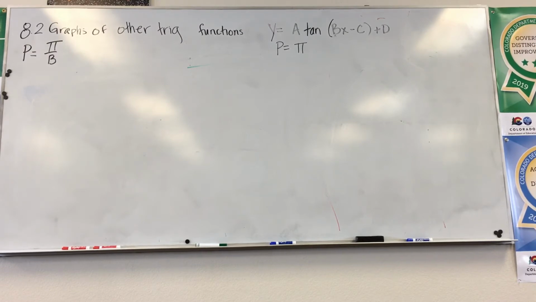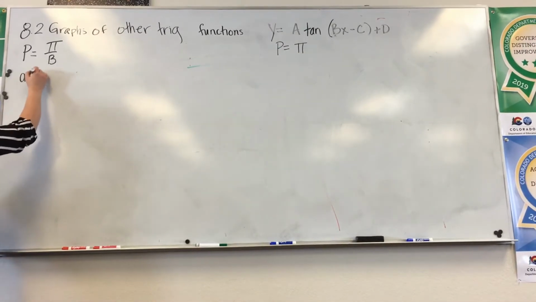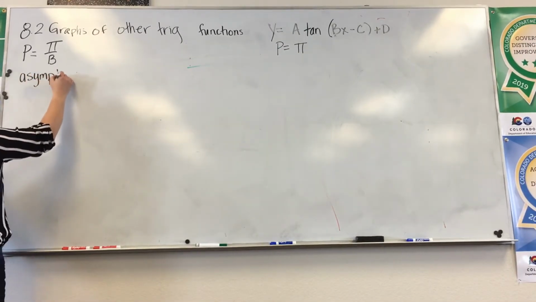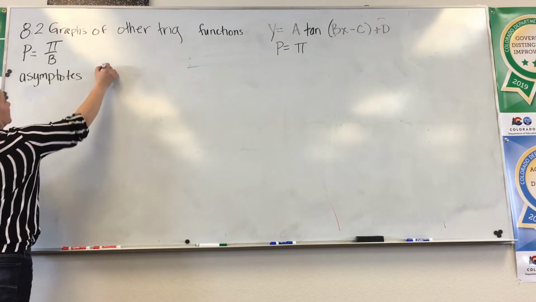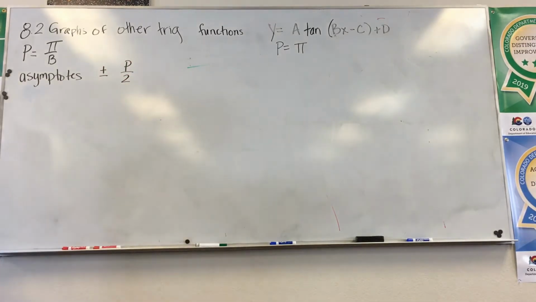In every other version of this, you're going to have asymptotes at plus or minus half of the period, because we're centered over 0 for the tangent graph. So at positive half of the period and at negative half of the period, you're going to have asymptotes. Okay?